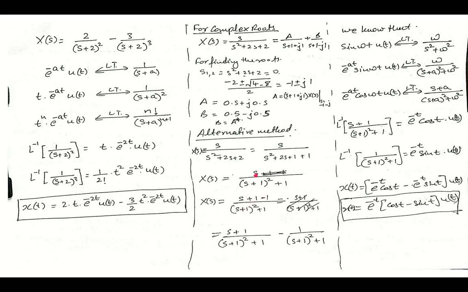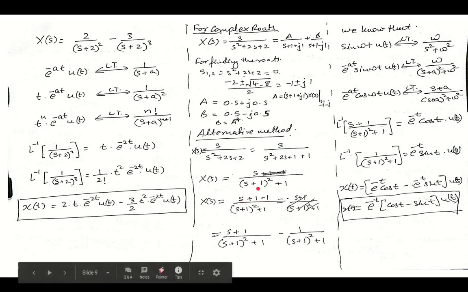So we can put s upon s plus 1 whole square plus 1. Now if I add a 1 to the numerator and subtract a 1 from it, it again yields me s. So I can write s plus 1 minus 1 in the numerator, and in the denominator we have already put s plus 1 whole square plus 1. So it becomes s plus 1 upon s plus 1 whole square plus 1 minus 1 upon s plus 1 whole square plus 1.